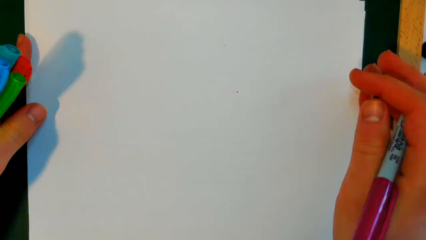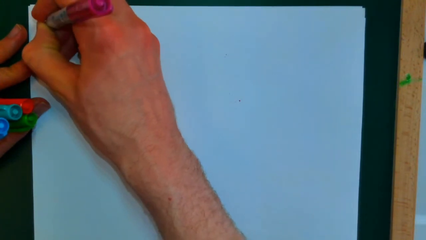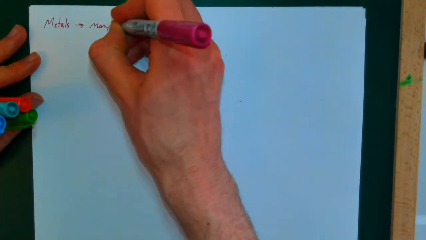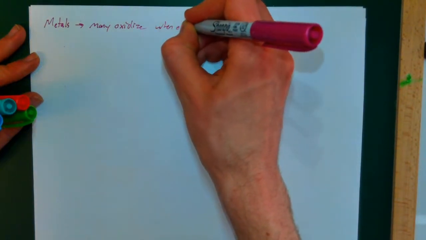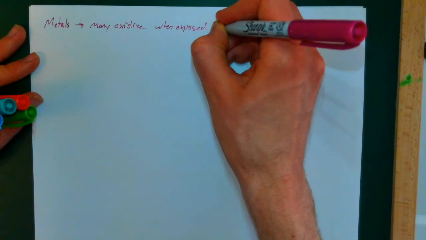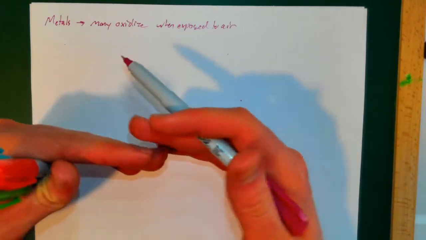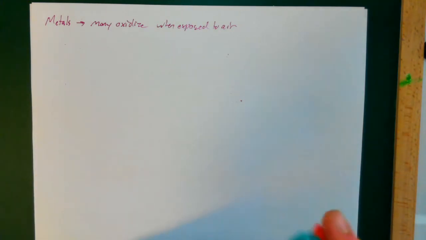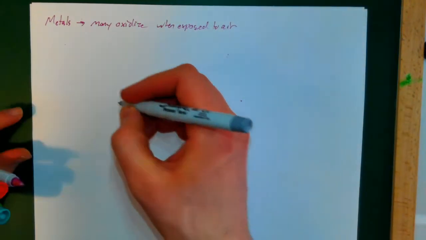So when we talked about metals, remember, we said many metals oxidize when exposed to air. So in that way, we already know that what we observe on the surface of a metal can be very different from what we would see if we could transport ourselves into the bulk of the metal.